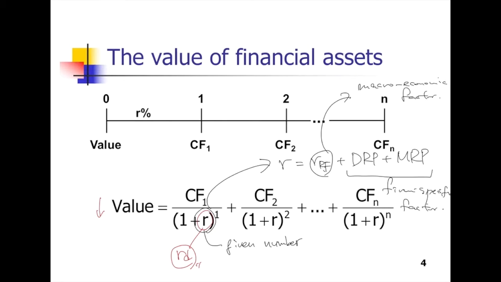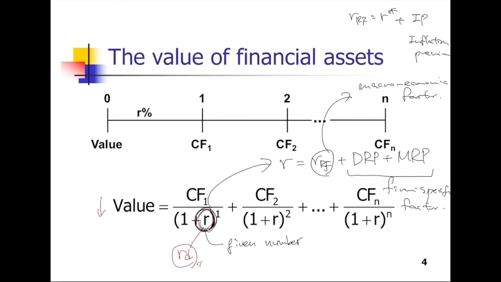Because RRF can be calculated by the real risk-free rate, meaning if there is no inflation, hypothetically, we can call this the real risk-free rate, and IP, inflation premium. Right? And we call this R the required rate of return on debt, and it is also used as a discount rate when we calculate the value of a bond, right?